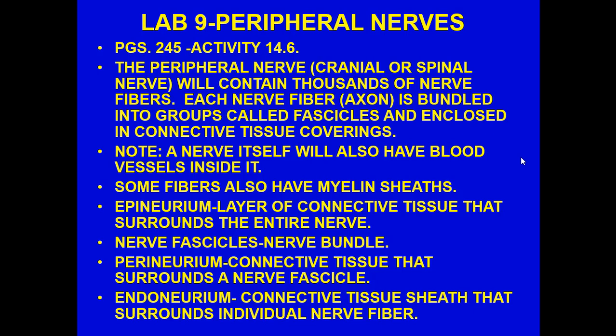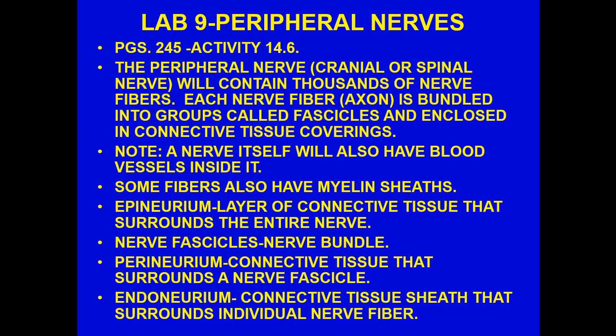So what makes up the nerve is a couple of layers of connective tissue covering. You're going to have lots and lots of these axon fibers passing through, and you may have some blood vessels present too. Now, some fibers are also going to have the myelin sheaths. So we have to get familiarized with these coverings and these protective sheaths that exist for the entire nerve.